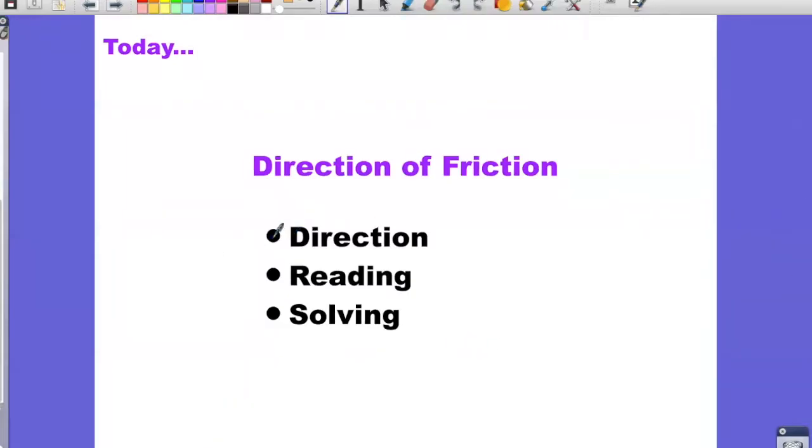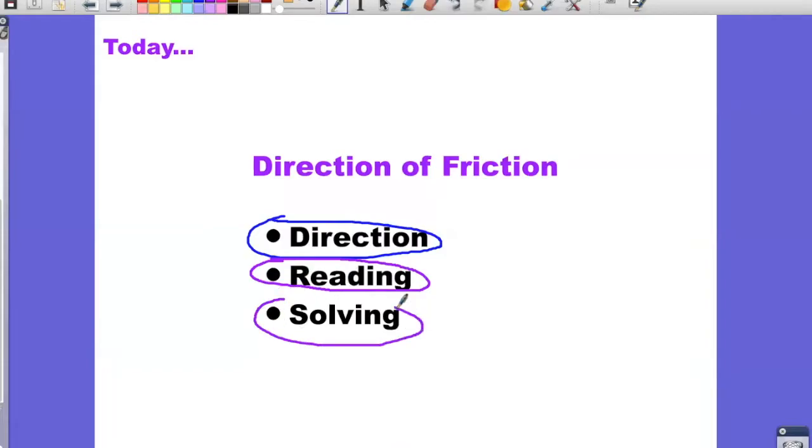So we will just go through a few readings. I will first summarize about direction, and then we will go through some reading from your book and solve some problems. Okay?